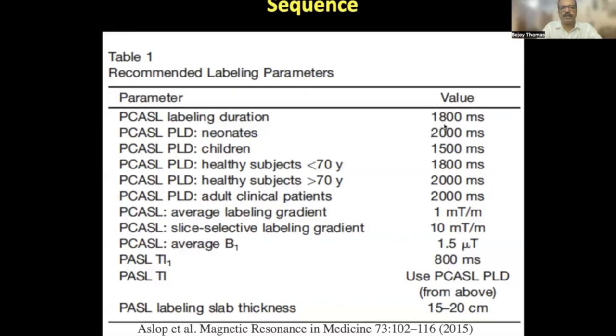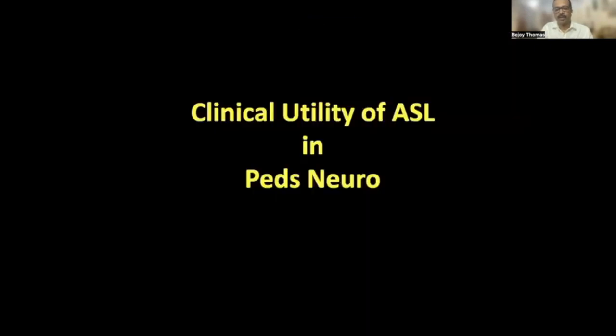You can see that it is relatively high in the neonate because the circulation time is not very fast, but the post-labeling delay is much reduced in young children, and in adults it is increased. In older individuals it is even more delayed.